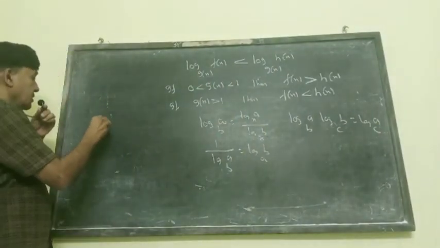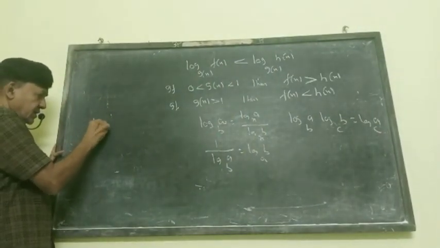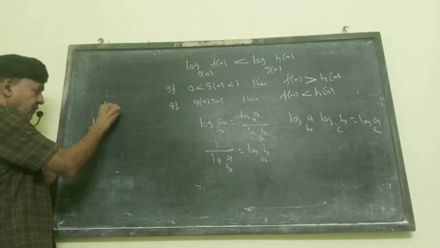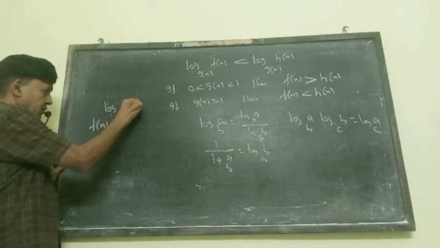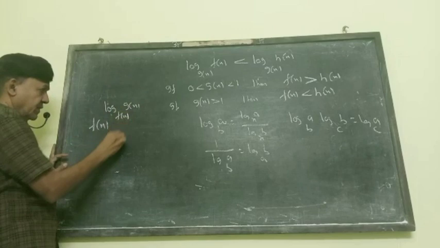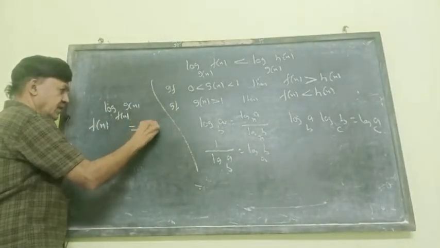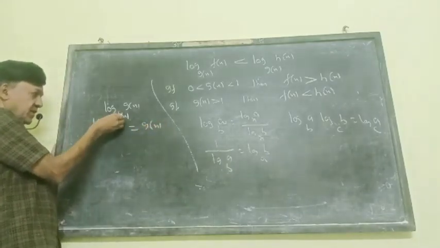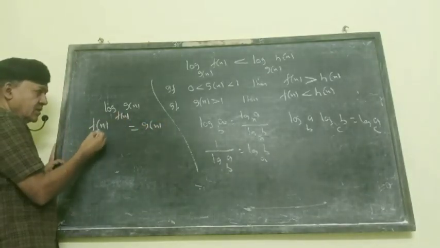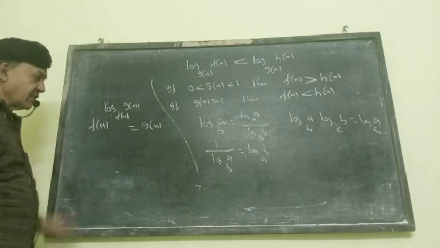Next. F of x to the power of log of g of x to base f of x is equal to g of x. So if this base and this are one and the same, then you can write directly g of x.